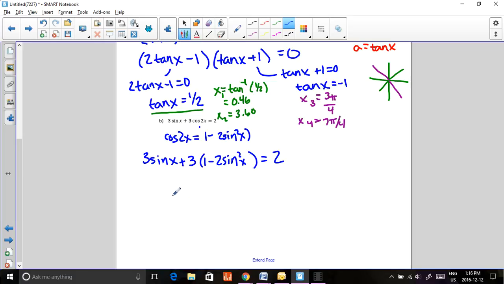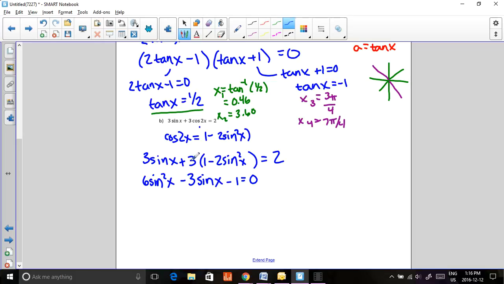So what I'm going to end up with is 6 sine squared x minus 3 sine x minus 1 equals 0. You might say, well, how did this become minus 3 sine x?